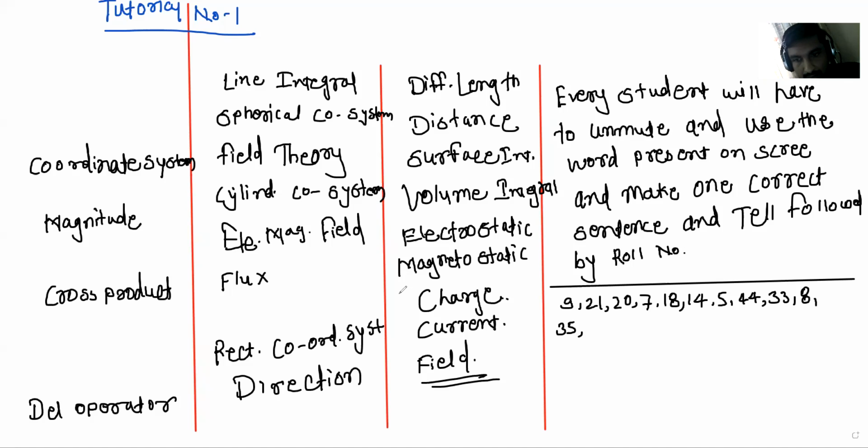Yes, somebody was saying something, roll number 35? Your number cannot be written here. Yes, sir, roll number 11. Roll number 11, yes, go ahead. Del operates on a vector using cross product.